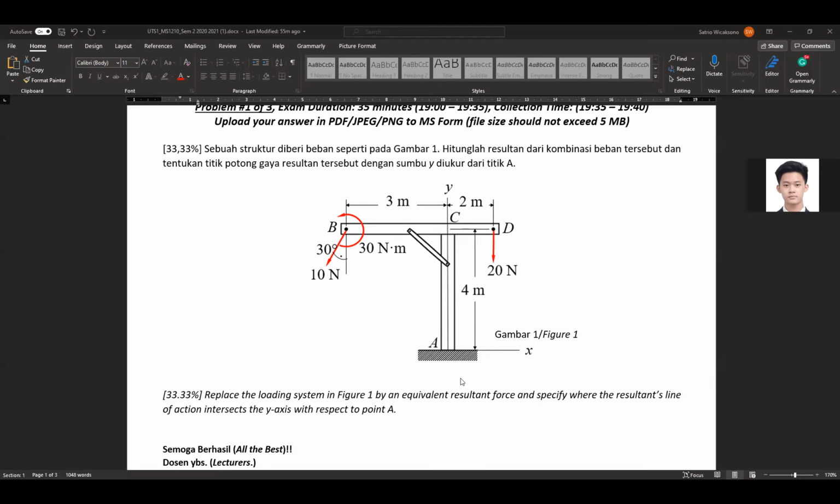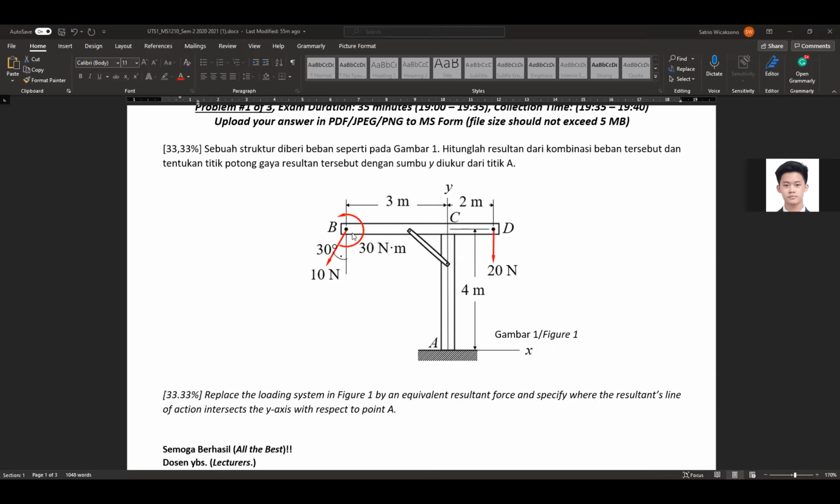But if it's a force, then the amount of the moment suffered by point C or point B will be different if it's due to force. But if it's due to a couple like this, yes, it will be the same.